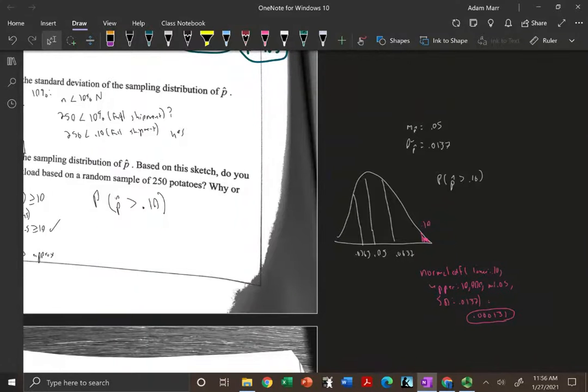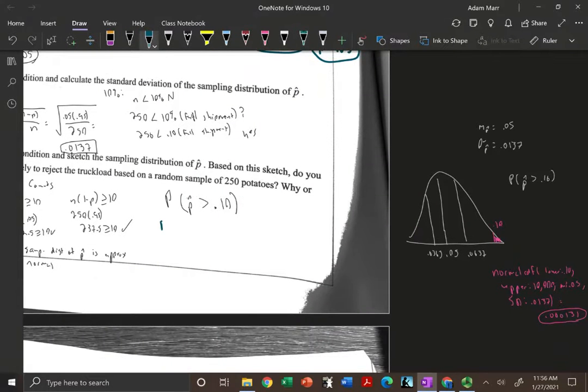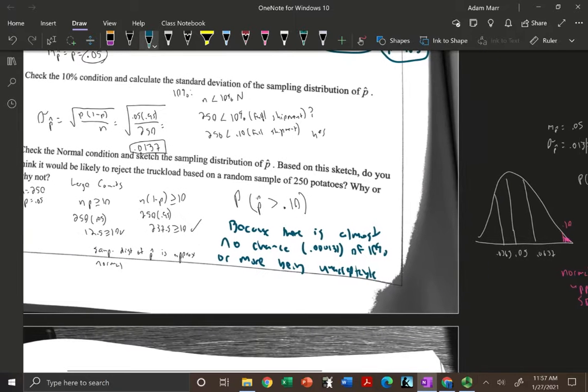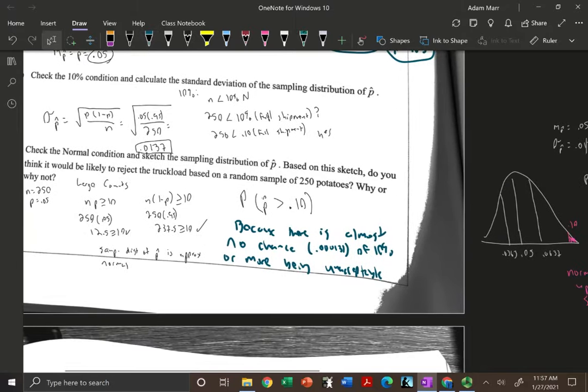So since there's almost no chance, and we had that the probability was 0.000131 of having 10% or more being unacceptable, we are not going to reject the truckload. It would not be likely to reject the truckload.